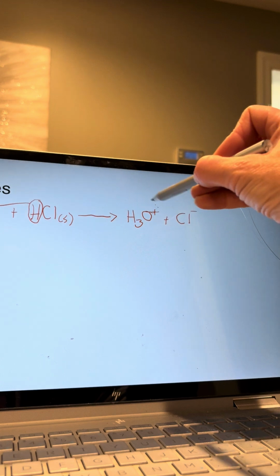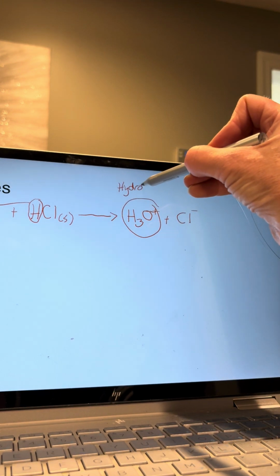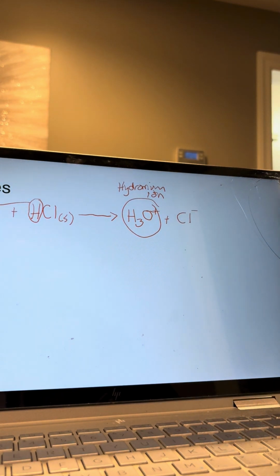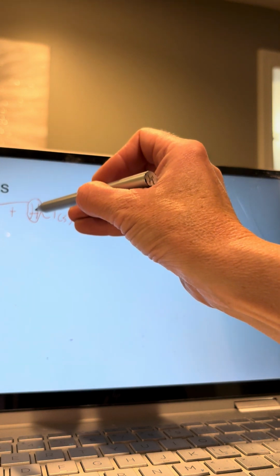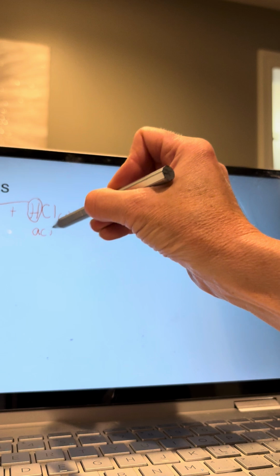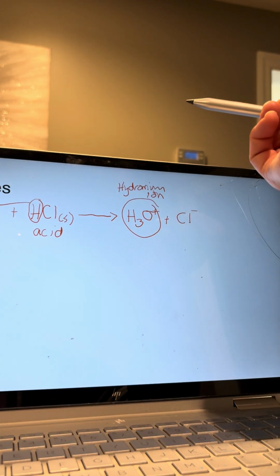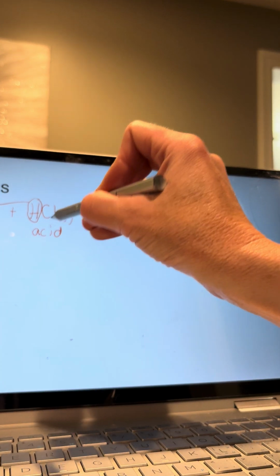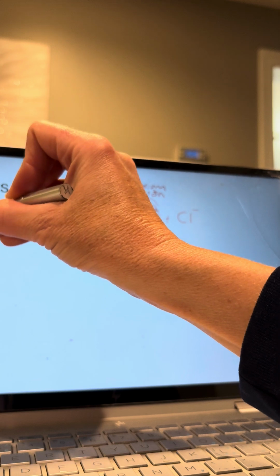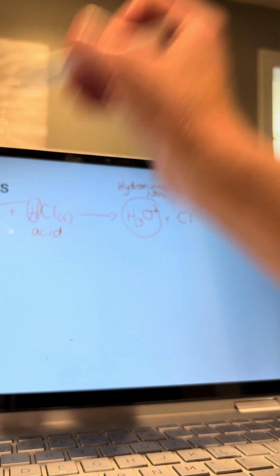So that became the H3O, which we call the hydronium ion, which is a classification, if you recall, of acids and bases. So since that hydrogen went to the water, then this would then be considered the acid, and not because it's actually called, like hydrogen chloride does become hydrochloric acid in solution. This is the acid because it gave away the hydrogen. And then water in this case here would be a base because it accepted the hydrogen.